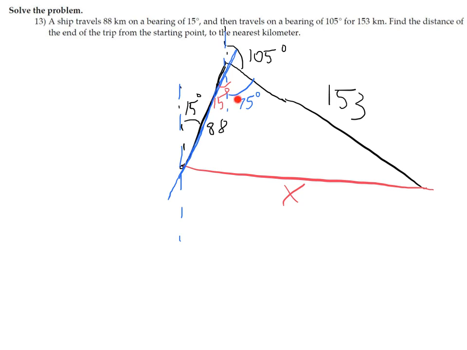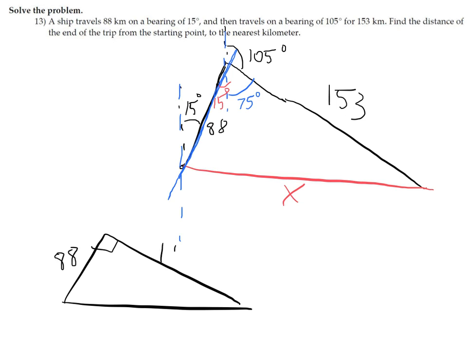Okay, great. 90 degrees. So now let's draw this triangle a little more simply. It's a 90-degree angle. This is 88. This is 153, and we're looking for x. And because it's a 90-degree angle, and this is just totally random that it happened to be 90 degrees, we can use Pythagorean theorem. We could also do the law of cosines. We don't have an opposite pair.